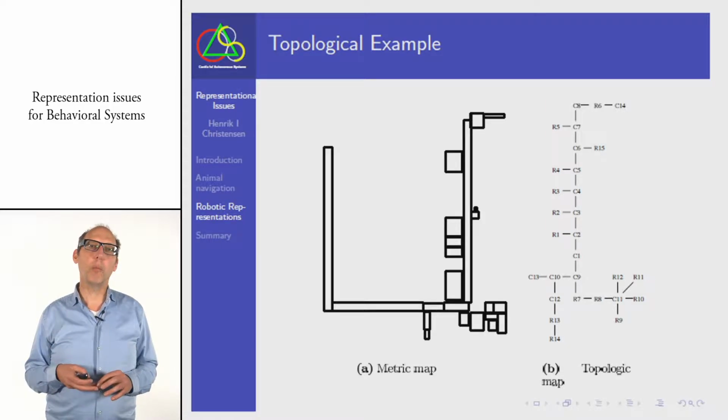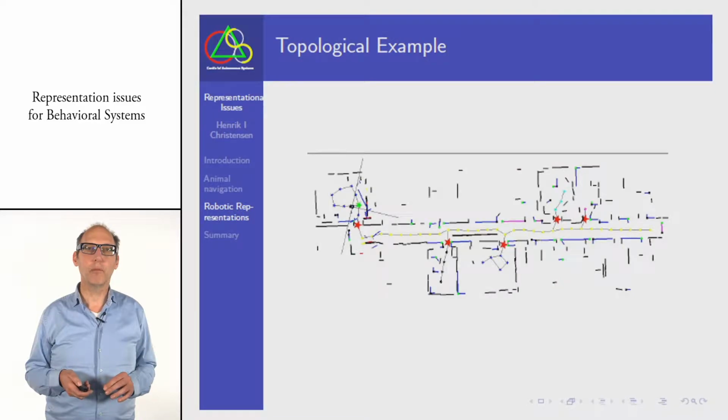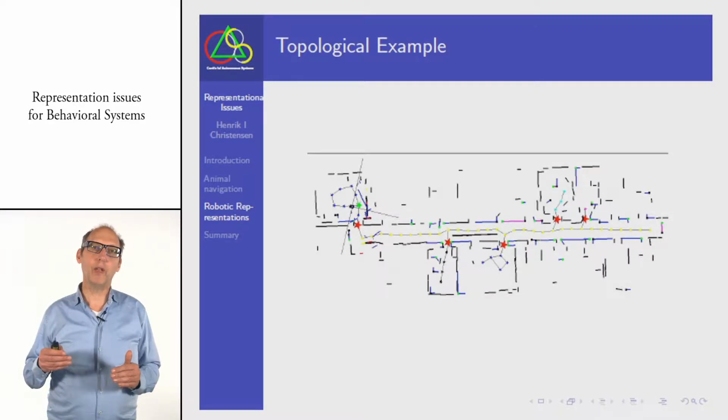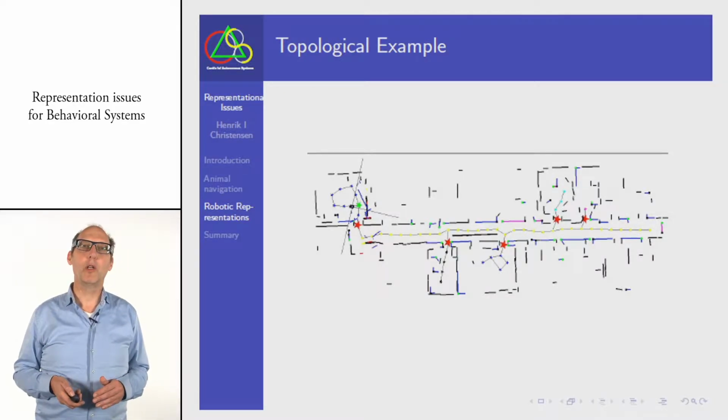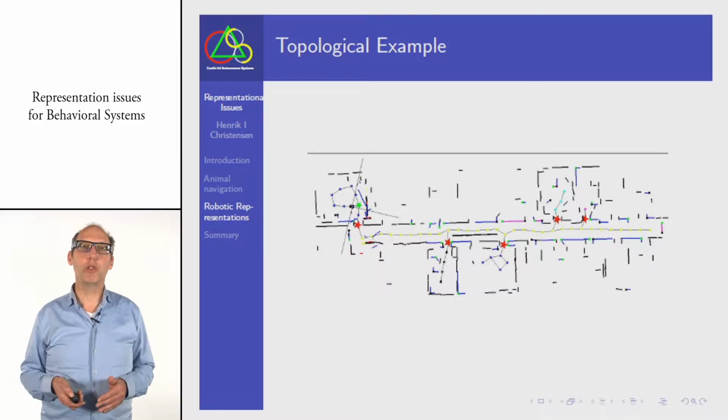And you can also combine, if you're in a corridor, that with behaviors: follow that corridor until you come to the next crossing, and combine it to reactive behaviors. So that's what you can easily create from a metric map, a topological map. Vice versa is much more difficult.